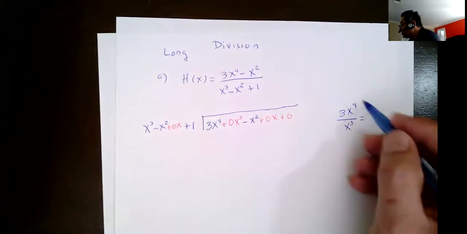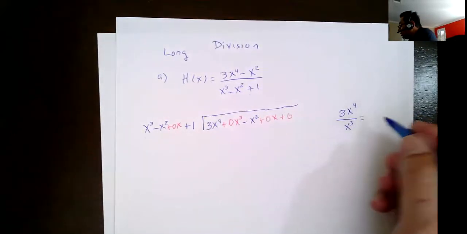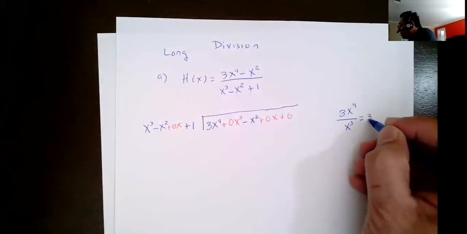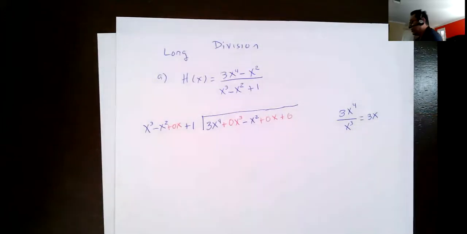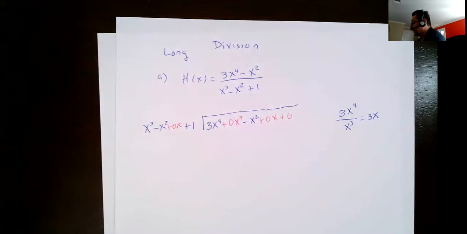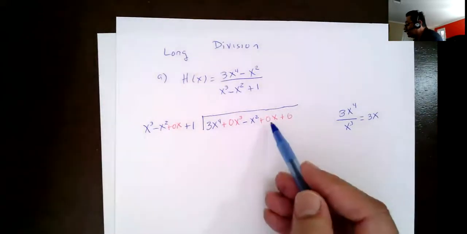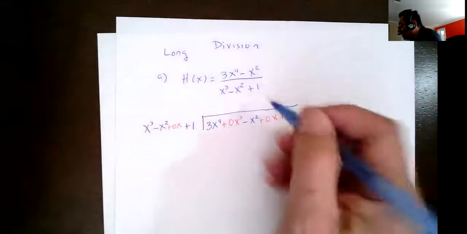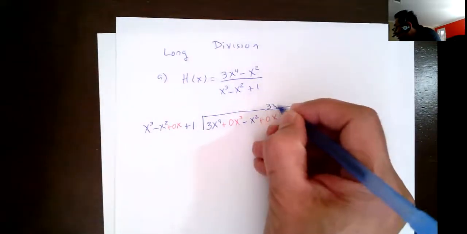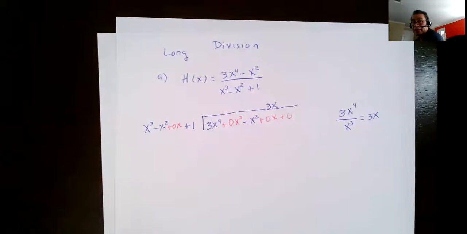So what is 3x to the 4 divided by x cubed? That would be 3x, right? Everybody agrees? Okay, now this 3x, place it on top of the 0x right here. All right? And then we're gonna start multiplying.